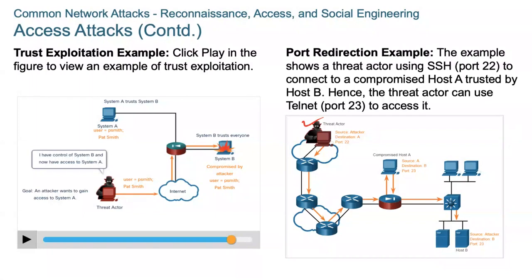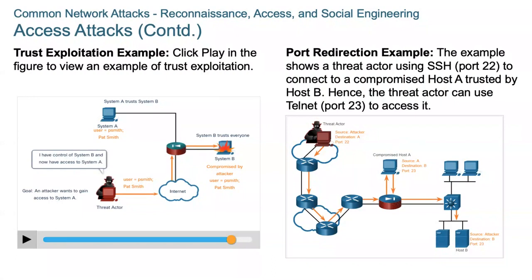So in a port redirection attack, a threat actor uses a compromised system as a base for attacks against other targets. In the example in this figure, the threat actor is using the SSH service, with port number 22, which is the port number for SSH, to connect to a compromised host A in this network.